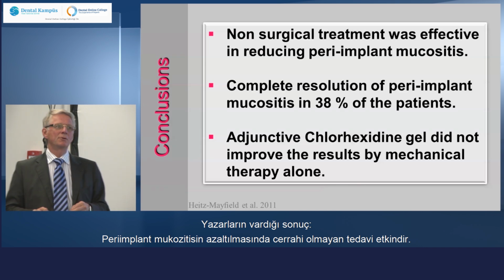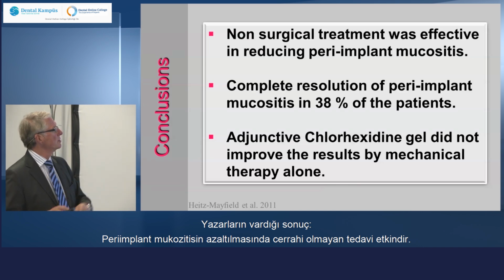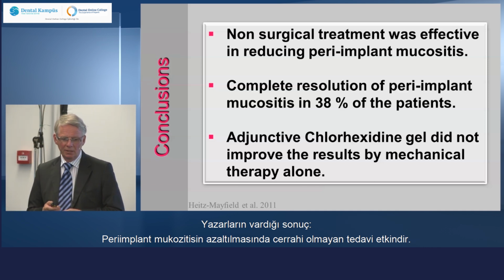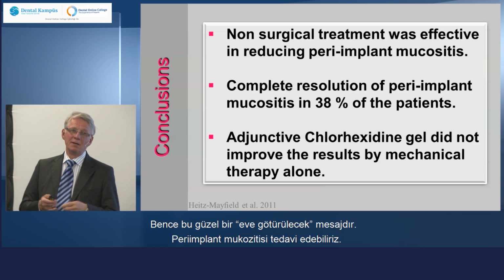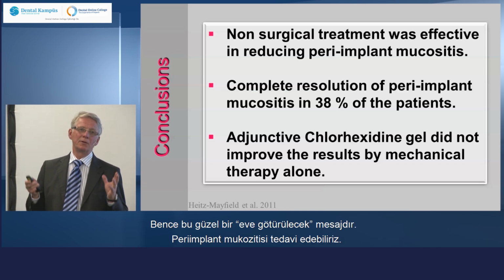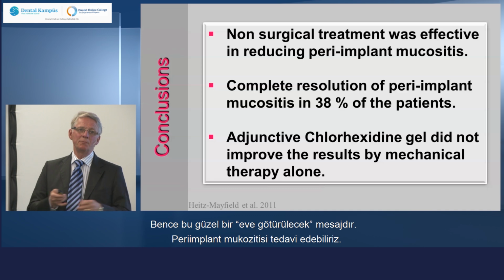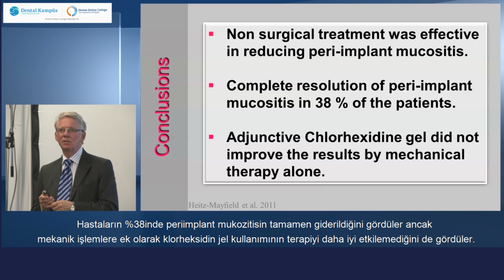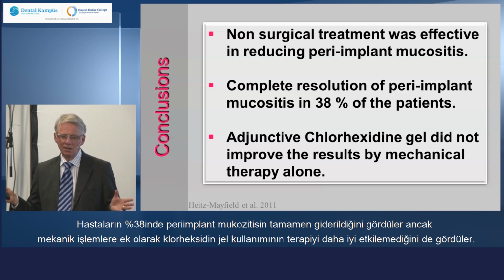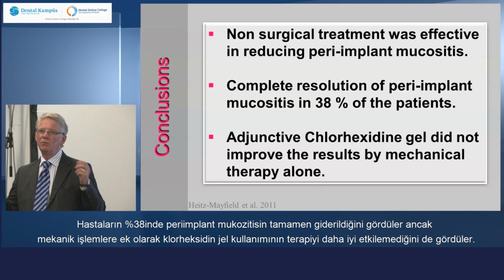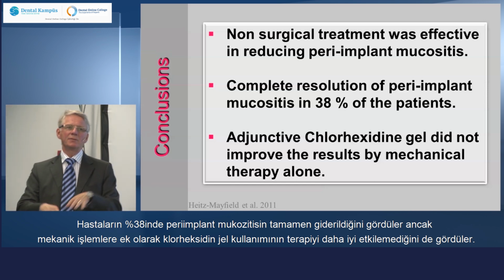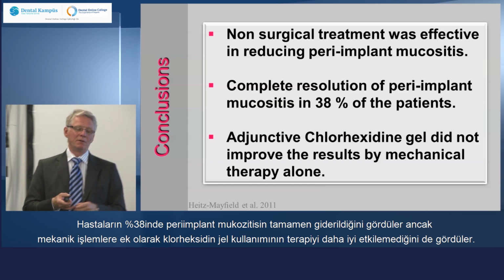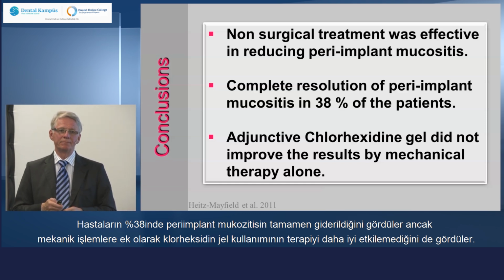So the authors concluded that non-surgical therapy was effective in reducing periimplant mucositis. So I think this is a really good take-home message. We can treat periimplant mucositis. They found a complete resolution in 38% of the cases, but they also saw that using chlorhexidine gel as an adjunct to the mechanical therapy did not improve the therapy further.